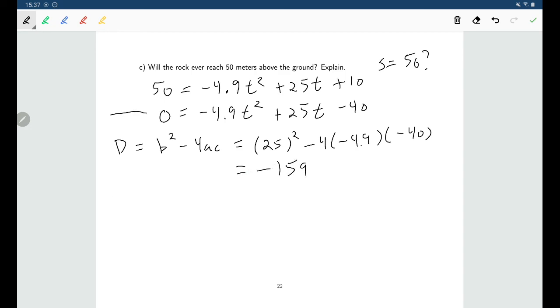What that tells me is that this equation has no real solutions, which means that the rock never reaches 50 meters.